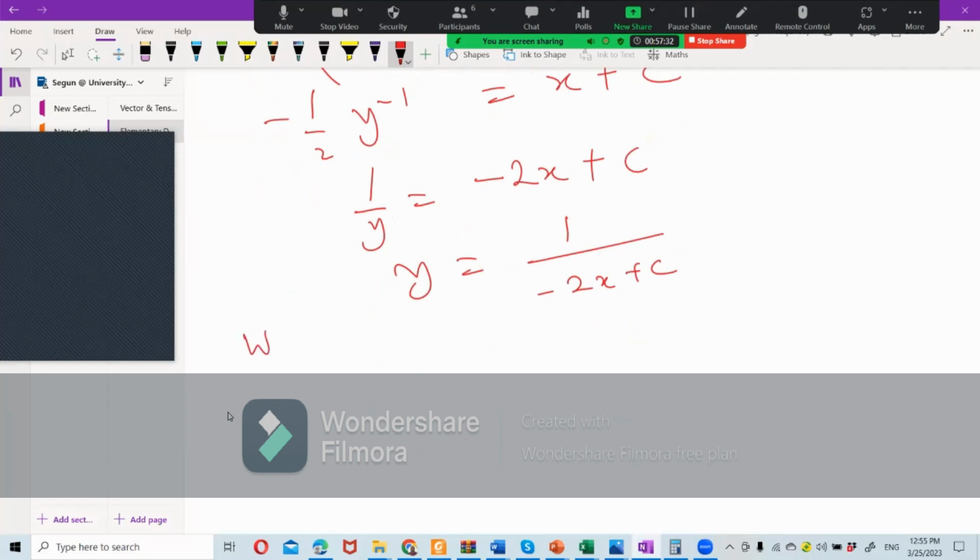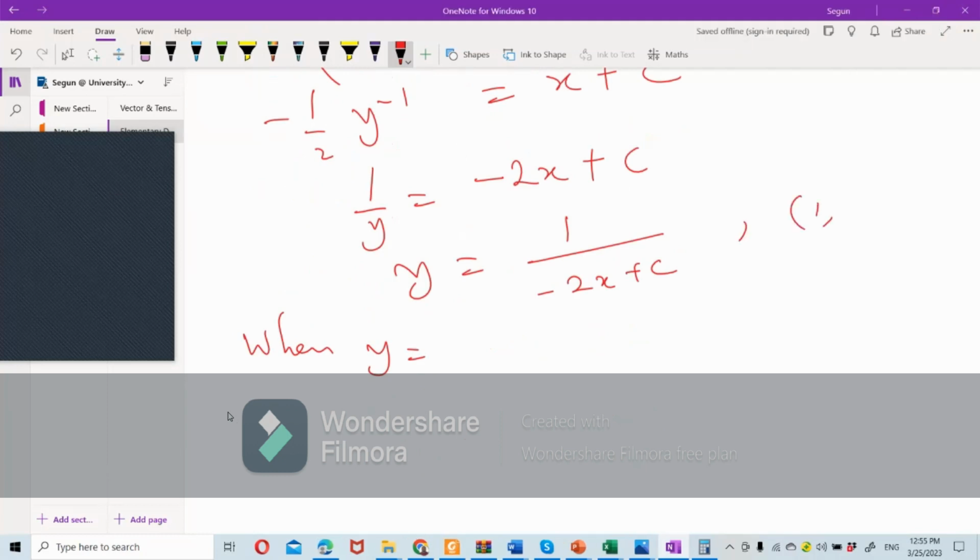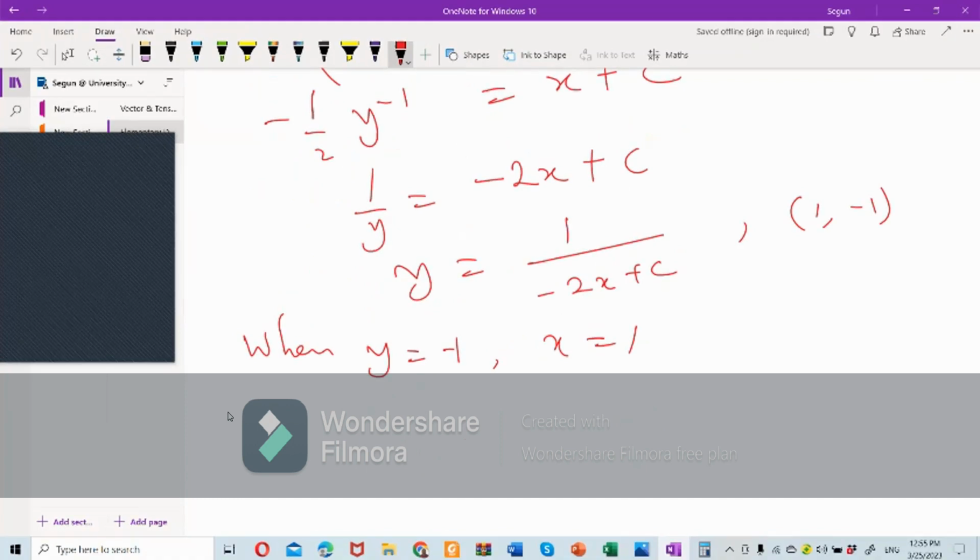So at the end of the day, we have y to be this. Then the question says when y equals to 1, equals to negative 1. Remember I said you put here 1 comma minus 1. So what it means is when y equals negative 1, x is equal to 1. So let's substitute it.